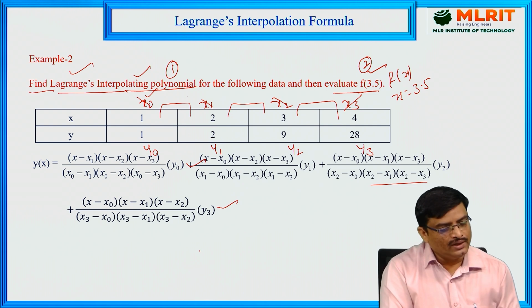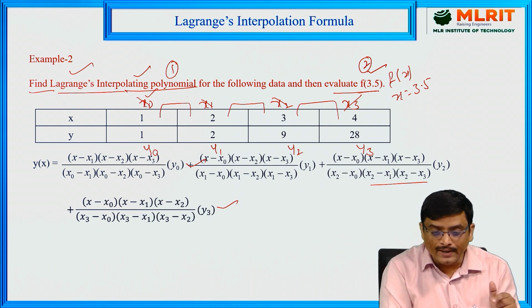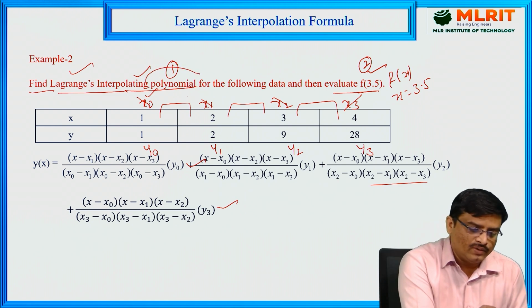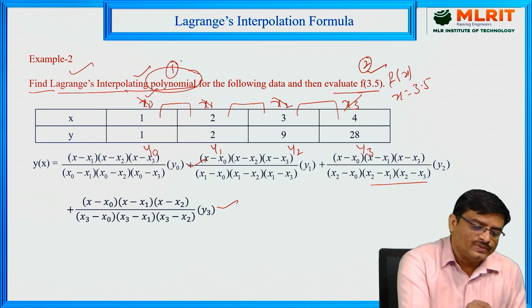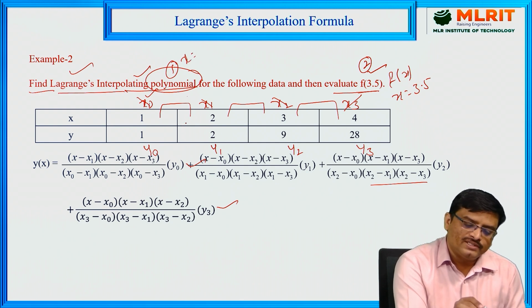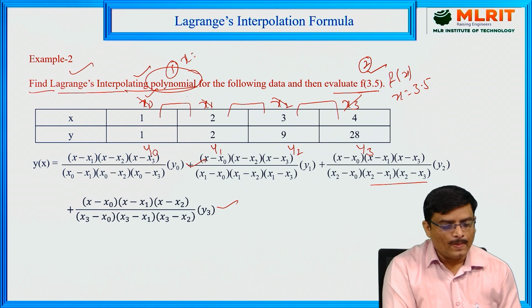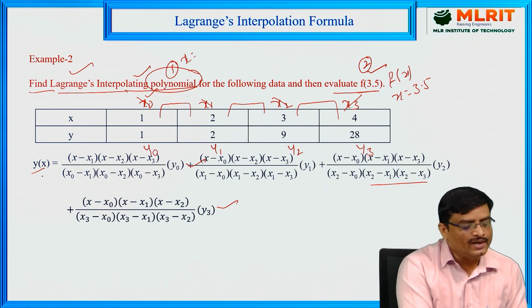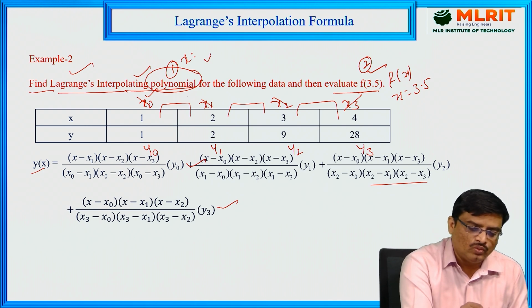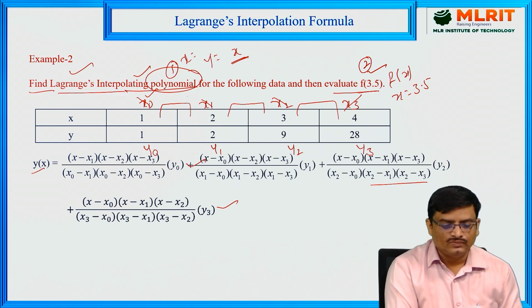The important thing is, whenever we want to find the interpolating polynomial, don't substitute anything for x. Keep that x as it is in the formula. The interpolating polynomial is nothing but the relationship between the dependent and independent variable, that is, y is equal to, we have to get y in terms of x.